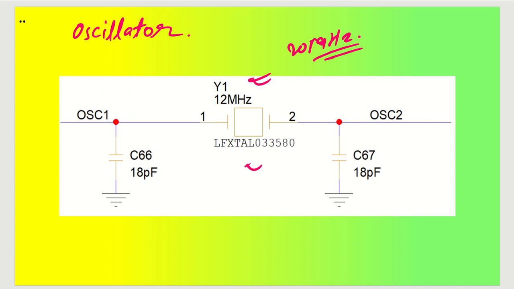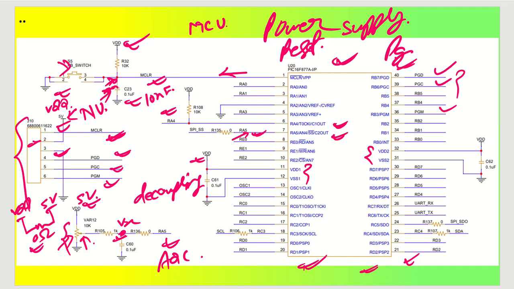I have taken a part number which is very low cost and very sturdy. So this is LFXTL033580, okay. And you can see 18 picofarad, 18 picofarad if you keep, and oscillator 1 and oscillator 2 if you add, as shown in the circuit here, oscillator 1 and oscillator 2. So your clock requirement is also complete, okay.